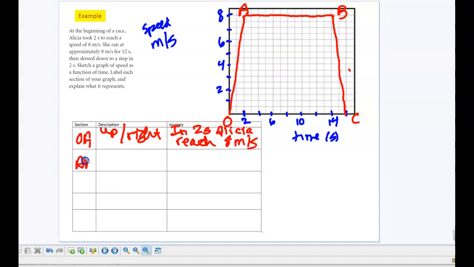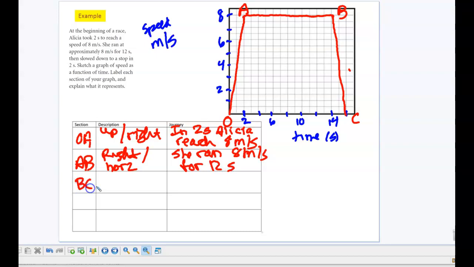And from A to B, the graph is right and horizontal. And she ran 8 meters per second for 12 seconds.